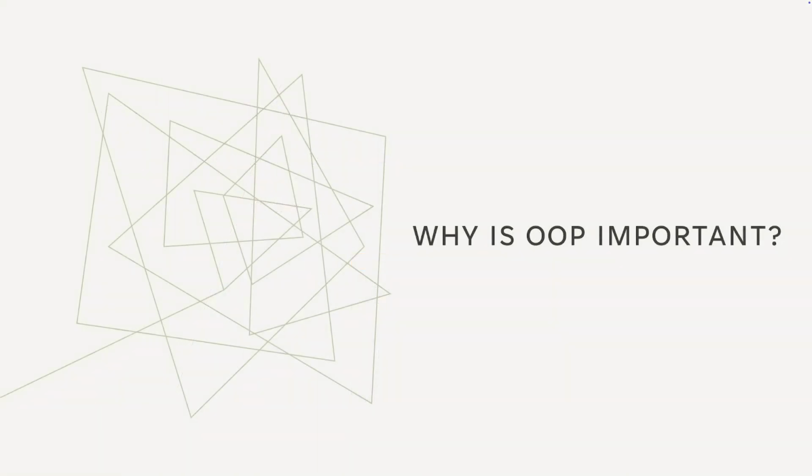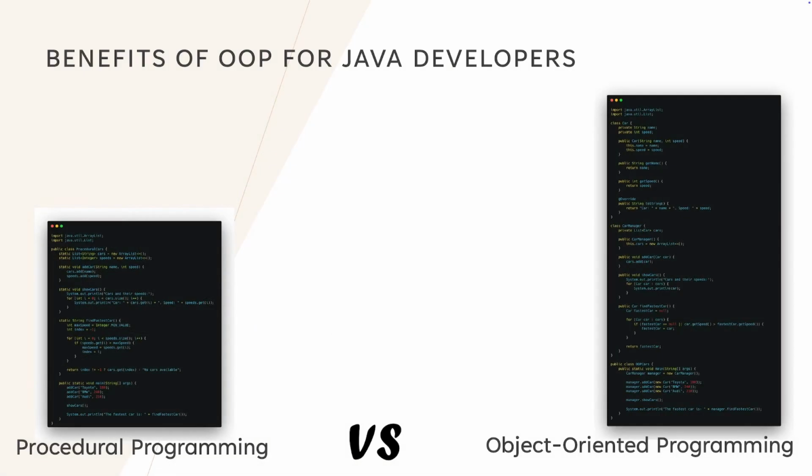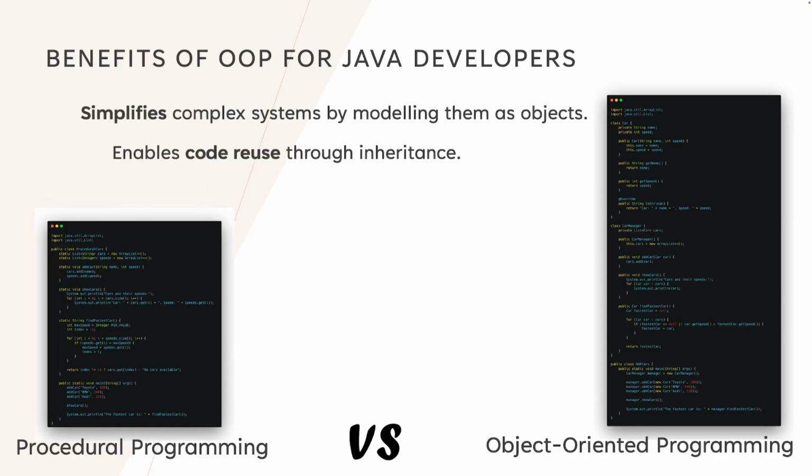Why is OOP important? Why should Java developers care about OOP? First, OOP simplifies complex systems by breaking them into smaller, manageable objects. Second, it promotes code reuse through inheritance, saving time and effort when writing new programs.